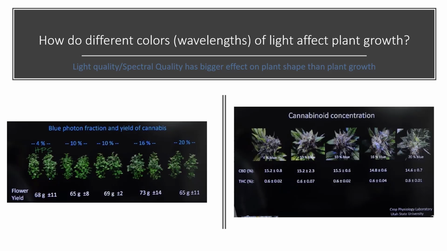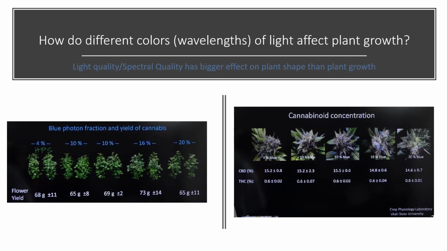We can see that with these examples that were done on cannabis. Here, cannabis plants were grown under different percentages of blue light. You can see that the yield, in terms of the flower yield, did not vary significantly between them. There is some variation, but that's natural variation that we would expect.